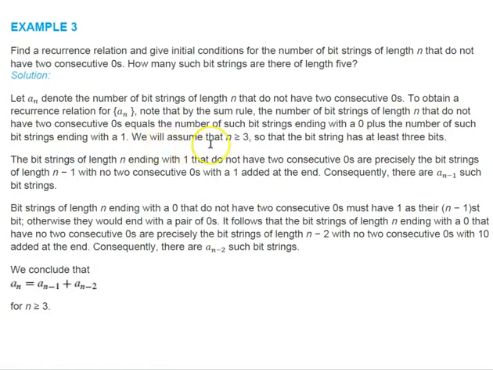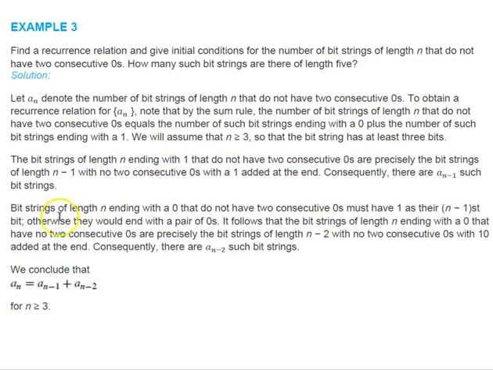We'll assume that n is at least 3, so that bit strings have at least 3 bits. The bit strings of length n ending with 1 and not having 2 consecutive zeros are precisely the bit strings of length n-1 with no 2 consecutive zeros and 1 added at the end. Consequently, there are a sub n-1 such bit strings.